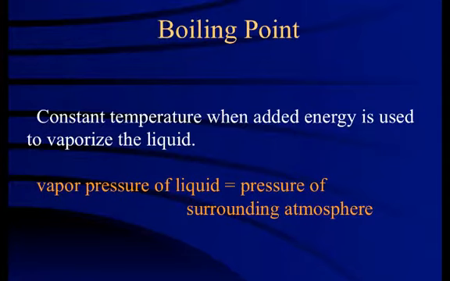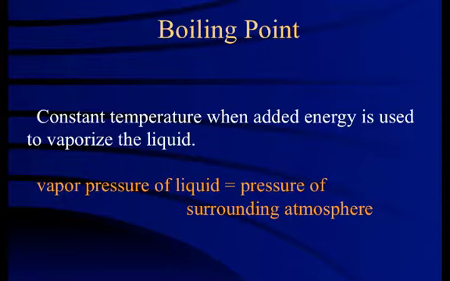Same idea. The higher the boiling point, obviously the higher the intermolecular forces are. And we define boiling point as the temperature at which the vapor pressure of the liquid equals the ambient pressure. So what's just the pressure around it? If you raise the pressure, well then obviously there's more ambient pressure. You're going to have to make the vapor pressure higher.